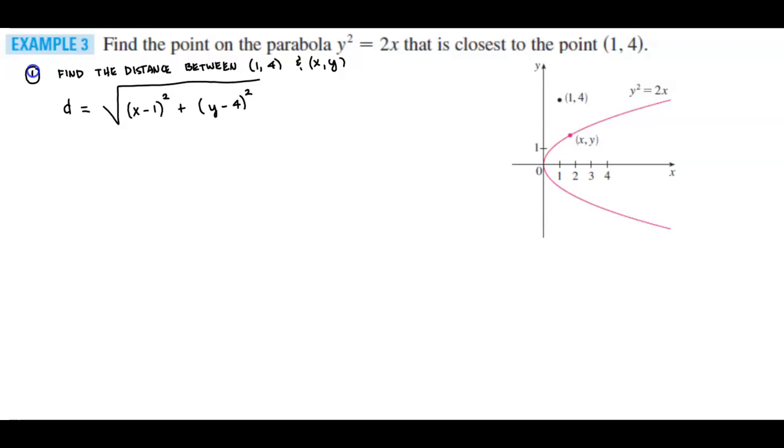Okay, but what we know is that (x, y) is on the parabola.